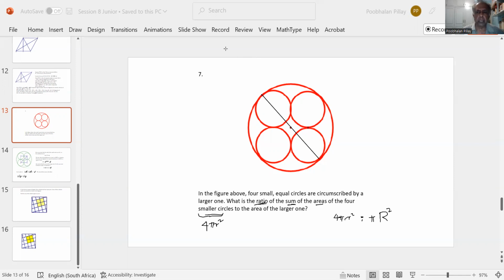Now, we've got 4 small circles, so let's join these 4 centers.